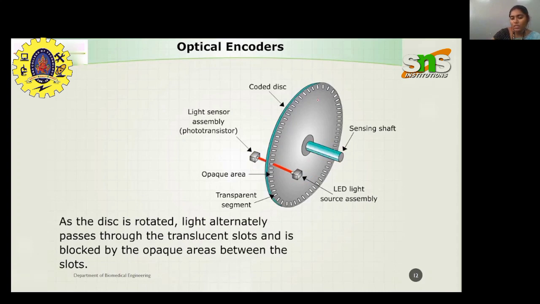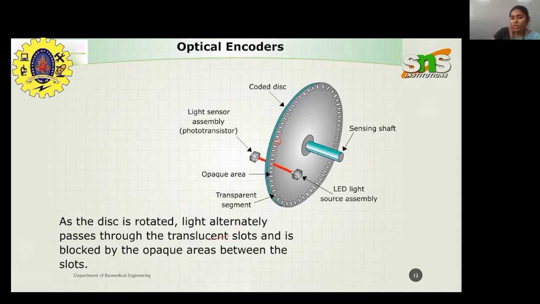This optical disc has been designed to have both open slots, also called transparent slots, through which the light can easily pass, and opaque areas placed between two opening slots. These opaque areas block the light source. They are placed alternately. In this way, the optical disc has been designed.